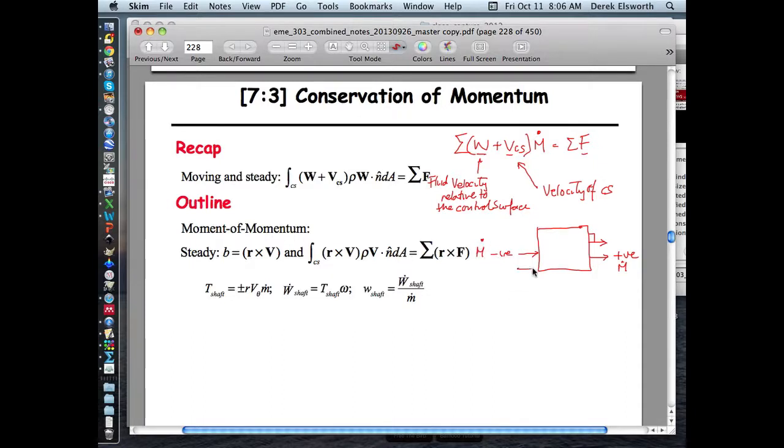And for both W, the velocity of the control surface, this would be positive. And this would also be positive for both W, the velocity of the control surface. So those are the important things I think you need to remember.